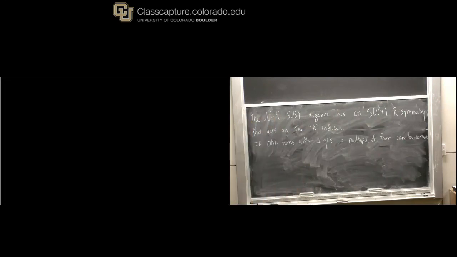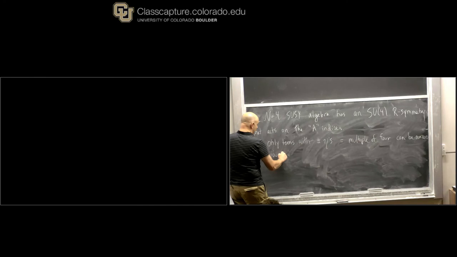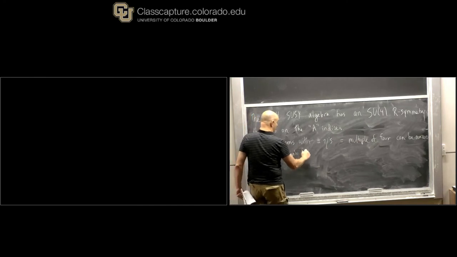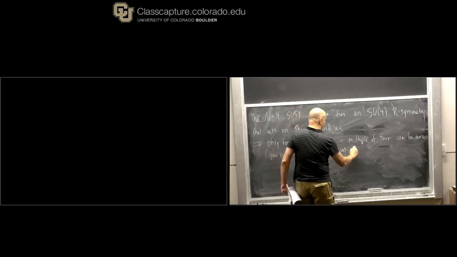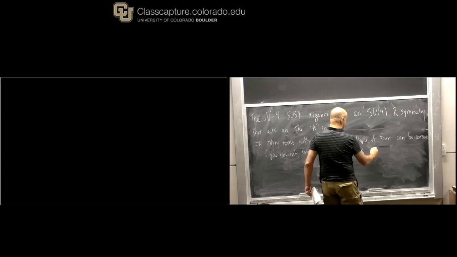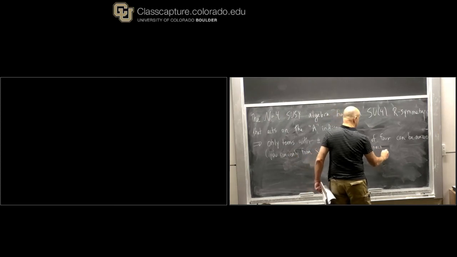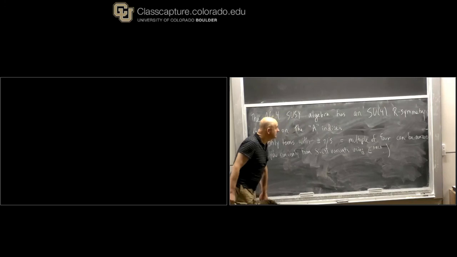Like this second term here, I immediately know that it's 0 because there's no way to form something that's SU4 invariant with only a single index. Let me be explicit. You can only form SU4 invariants using epsilon A, B, C, D. Okay, so you need to have a number of indices being a multiple of 4.